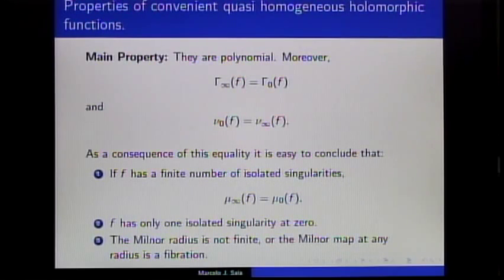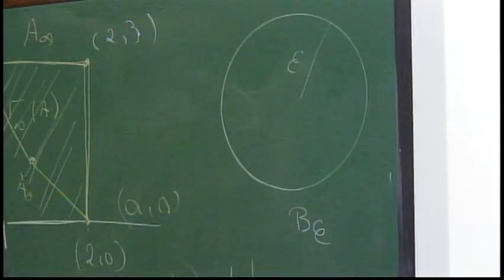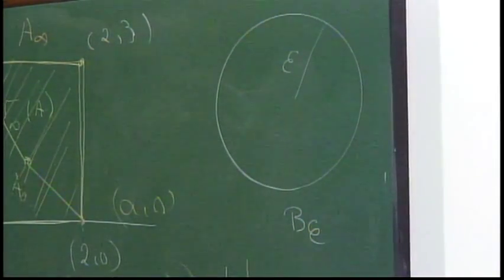Moreover, the Milnor radius. What's the Milnor radius? The Milnor radius is the biggest size of the ball for which we can guarantee that we have a Milnor fibration.